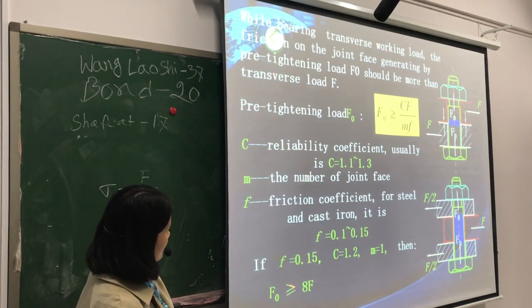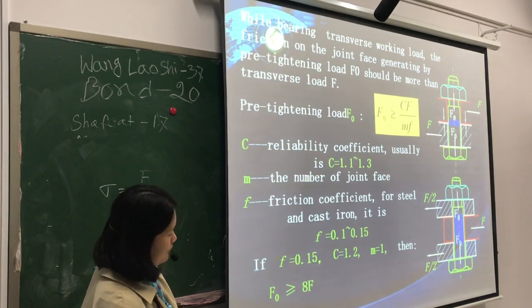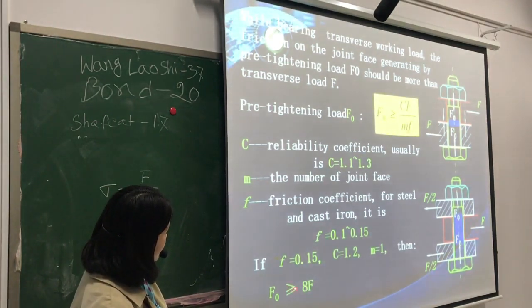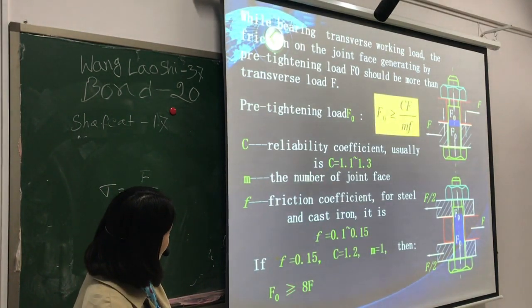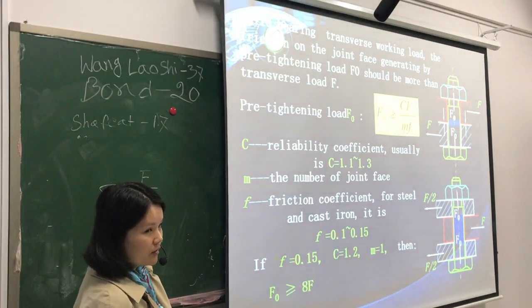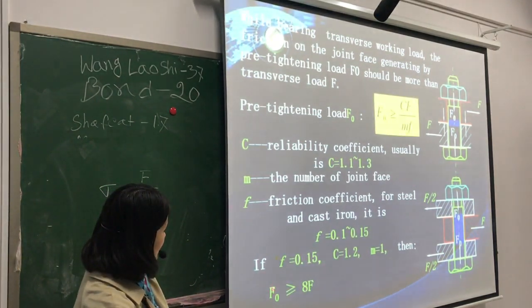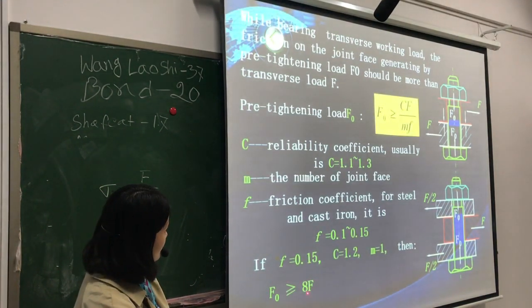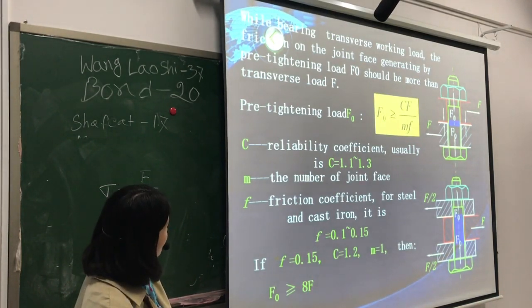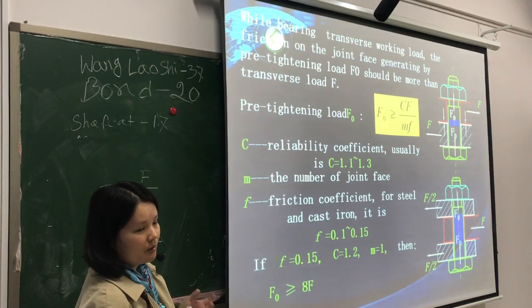So this is for the ordinary bolted joint, and for the ordinary bolted joint, the preload F should be very large, because F1 should be larger than this. Okay, so under transverse working load, we usually choose reamed bolted joint.